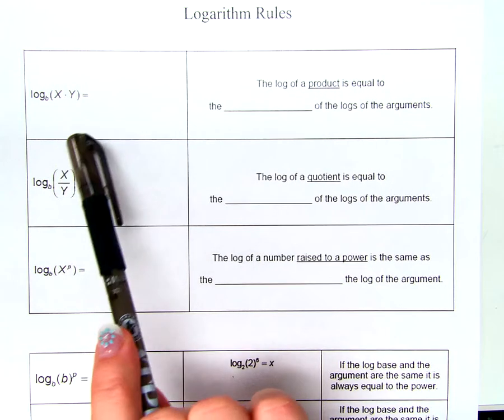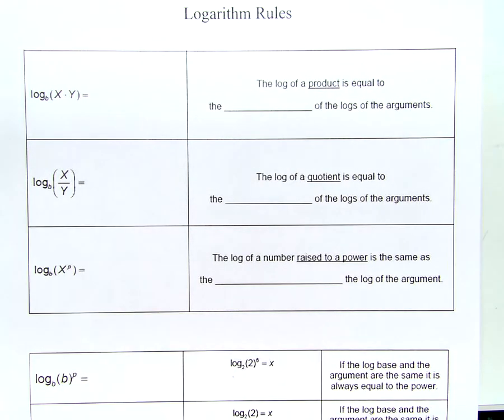Okay, so if we're multiplying things inside the log and I want to separate it out, what do I do with those two things? If I'm multiplying two things in the argument and I want to separate it out into two logs, what do I get?